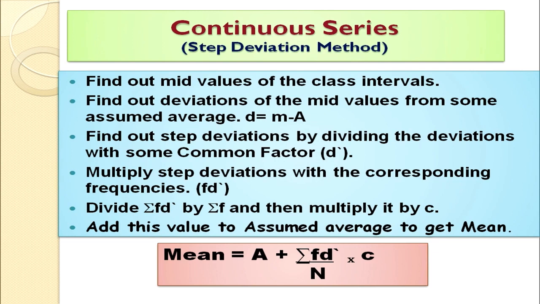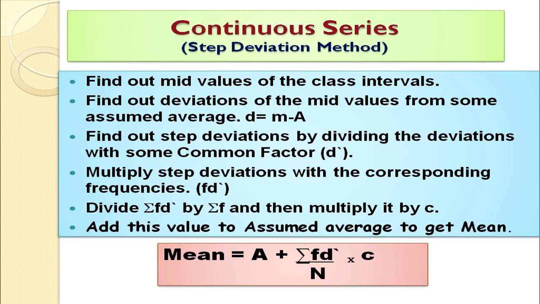Then I have to identify the assumed average and find the deviation, that would be m minus A. Next, we have to find a common factor by which we can divide the whole series, that is d. So we identify d dash. How do we get d dash? D divided by c, the common factor.